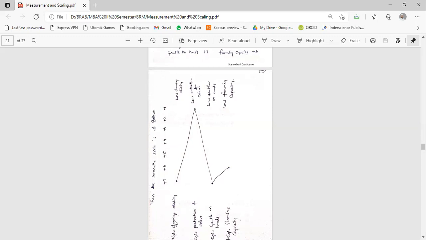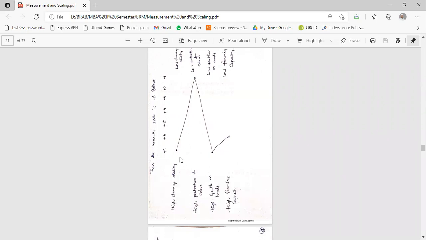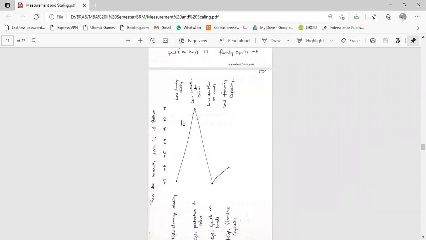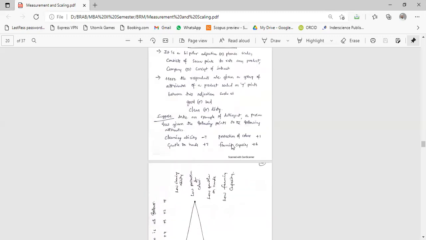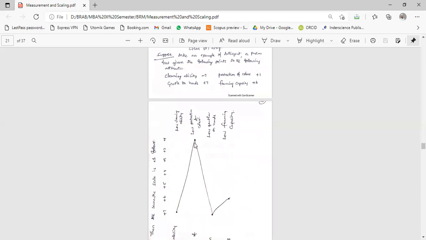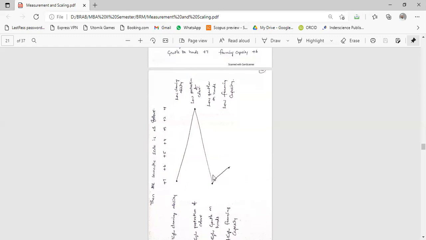One side you write high, another side you write low. Now when he says cleaning ability -7, you mark low cleaning ability here. Then protection of color +1, gentle on hands +7, and foaming capacity 6. So you have to draw it like this.